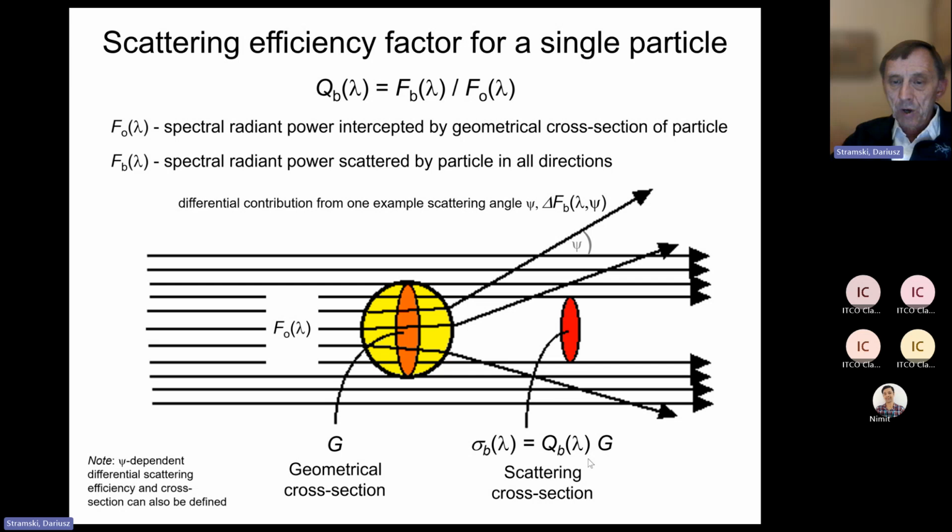And again, the product of scattering efficiency and geometrical cross-section of the particle is the scattering cross-section, which is in units of meter squared, because Q_b is dimensionless and G is meter squared.